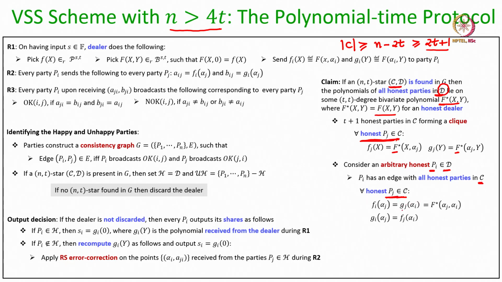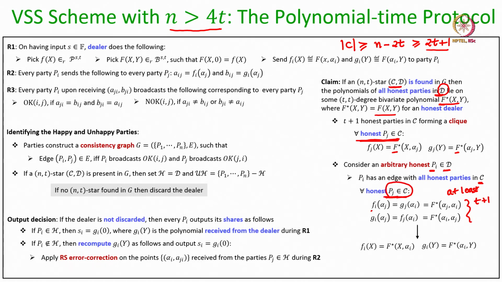But the polynomials of the honest parties in the C component of the star lie on f star of x, y. Because of that, we get these two equalities, and how many such equalities are there? At least t plus 1, because we have at least t plus 1 honest parties guaranteed in the C component of the star.